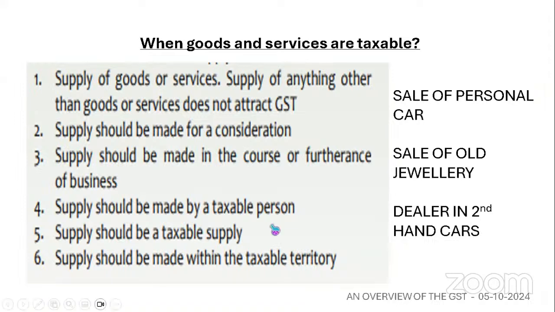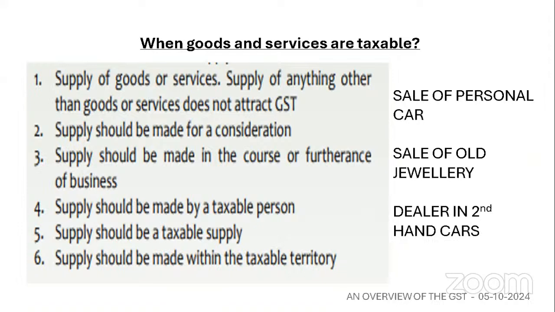Now, the basic thing is the tax is levied on a supply of goods or services. The word supply has a very wide meaning, wherein it includes the sale of goods, the sale of services, exchange of goods, exchange of services, then a relinquishment of something.